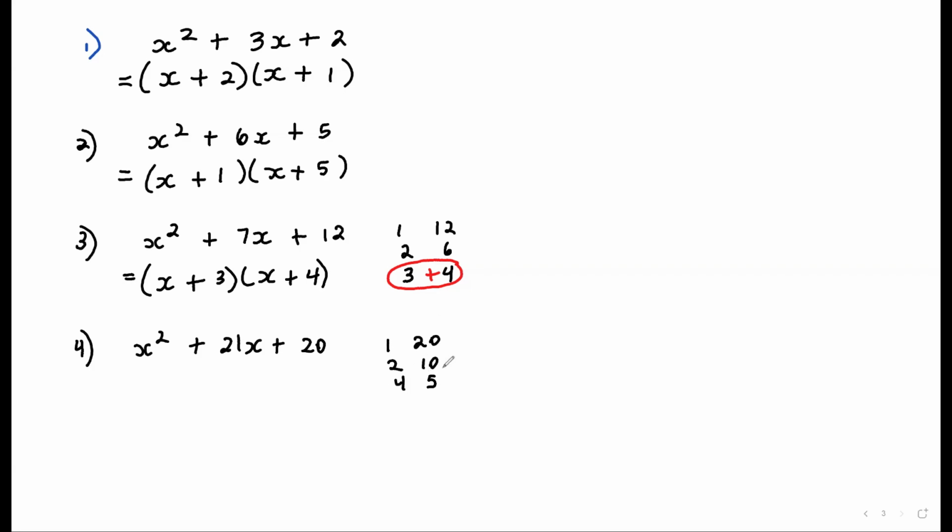Of these factors, the only one that could add or subtract to give me back 21 would have to be 1 and 20, because 1 plus 20 is 21, and 1 times 20 is 20. So in my brackets, I would have x plus 1 by x plus 20. That's how you factorize a quadratic where the coefficient of x squared is 1.